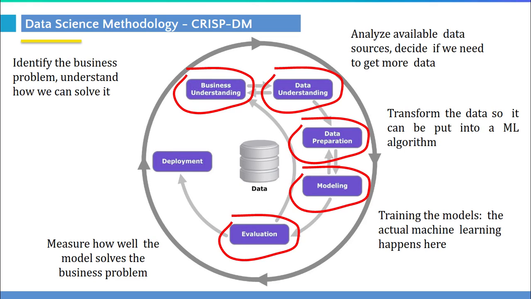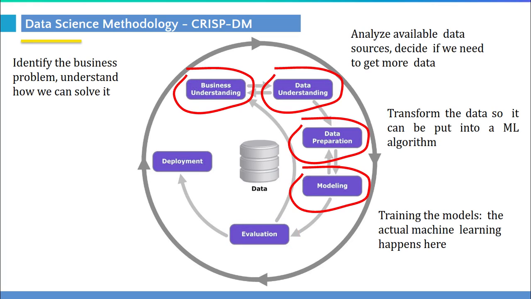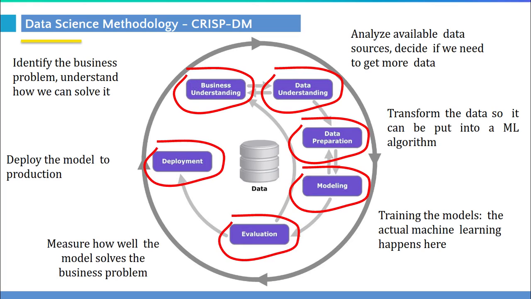That's where we understand how well our model is doing to meet our business objective. From evaluation we have to revisit our business understanding before we go and deploy it, because the process could be a repetitive one.